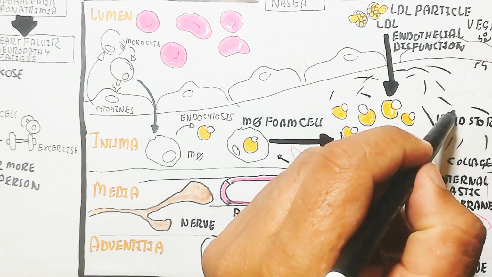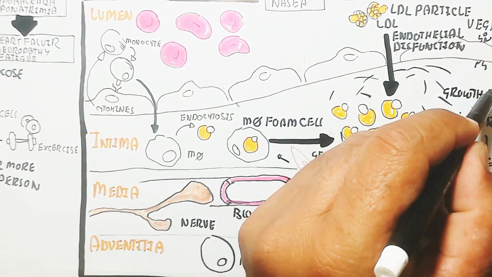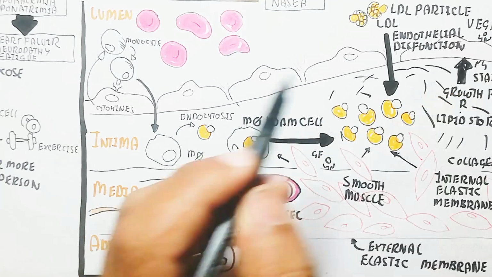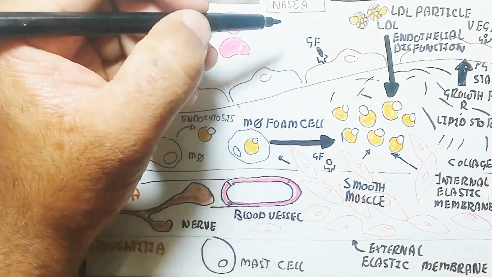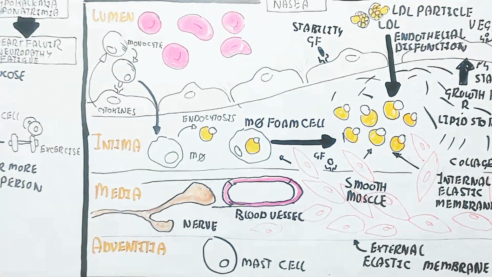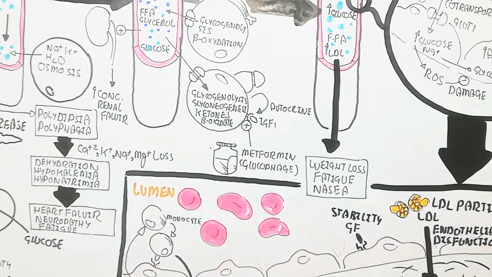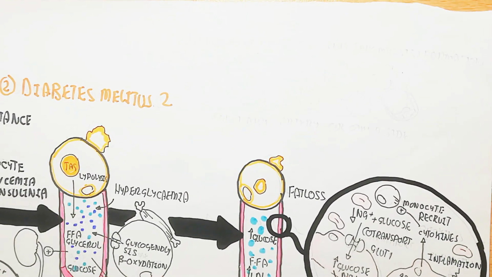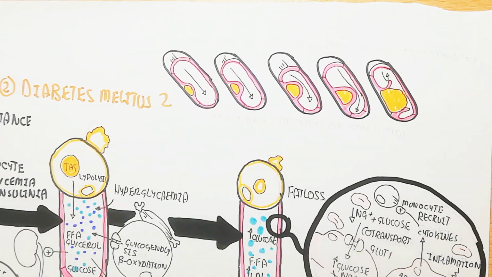And you know that the collagen formation due to the growth factor will lead to stability, and the increased size of the plaque will impede the blood flow. And let's understand about the development of plaque and thrombosis formation.